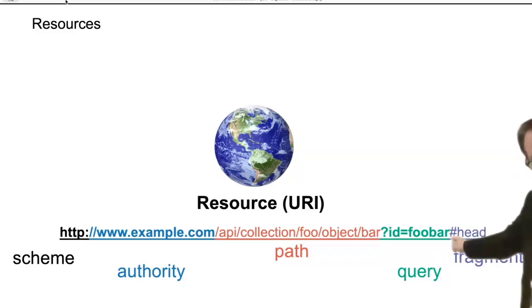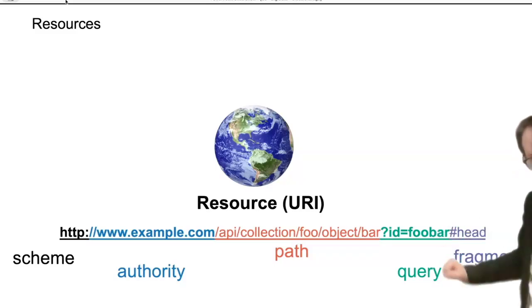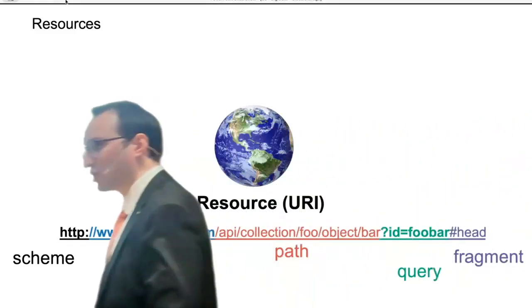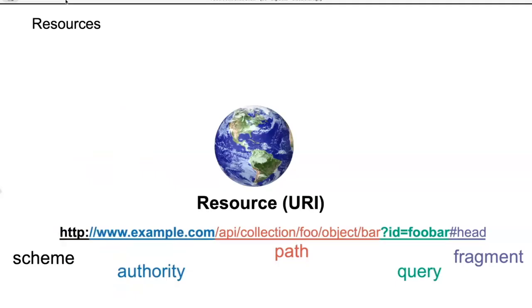Then you have a fragment with a sharp sign, or a hashtag, as we call it these days, which in a browser just jumps to a specific part of the page. But when you use REST, that doesn't really matter. It's just a technical possibility, right? You can just use any string that looks like this.